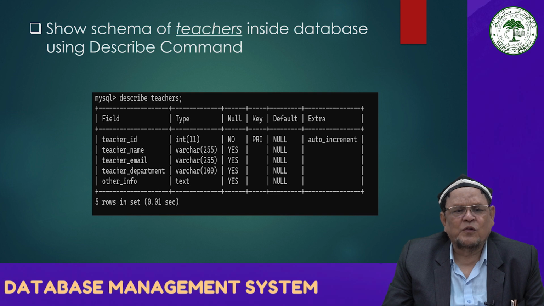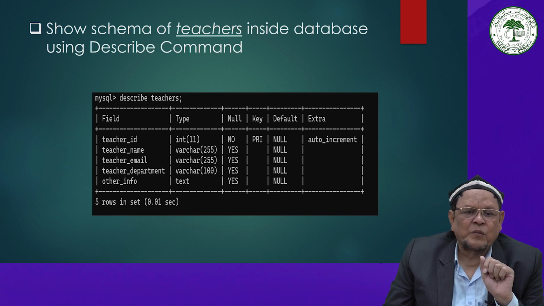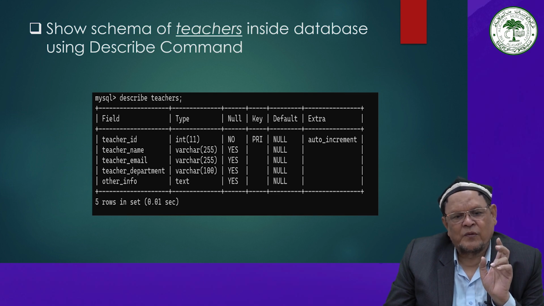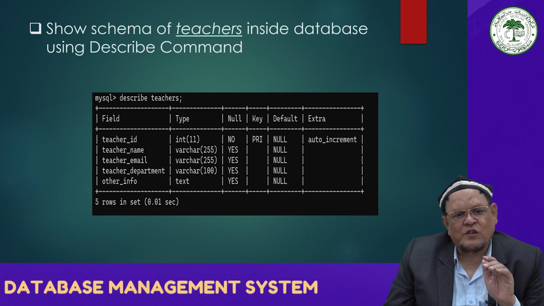The fields which you have created: teacher ID, teacher name, teacher email, teacher department, other information, and the types integer, varchar, and text. Here the teacher ID is a primary key, that's why it is not null. So in this way we are able to see the structure of the teacher table.